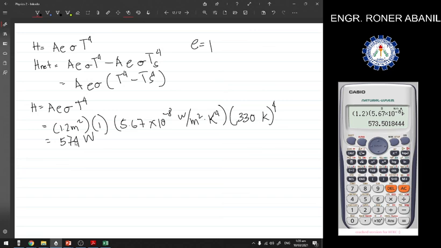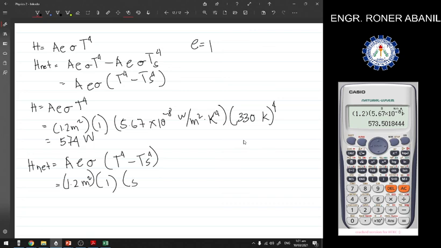So, this loss is partially offset by absorption of radiation. It depends on the temperature of the surroundings. So, we will use this formula to get the net rate. H net equals A E, our constant, then T^4 minus the surroundings. So, how does this come out? Of course, 1.2 square meters multiplied by E, 1.